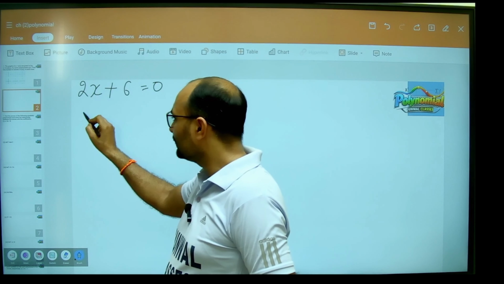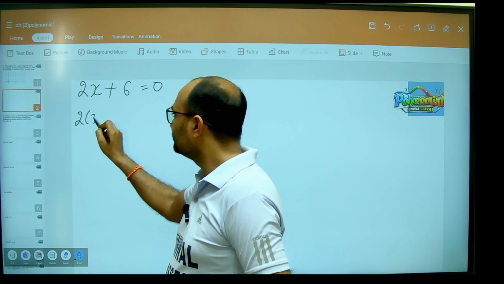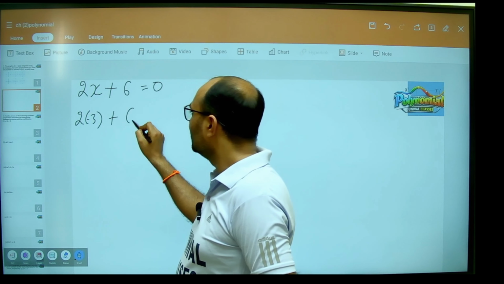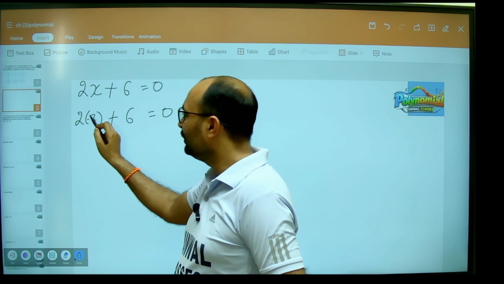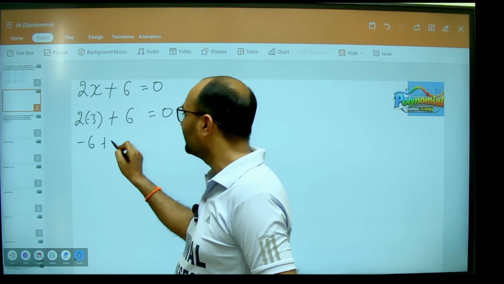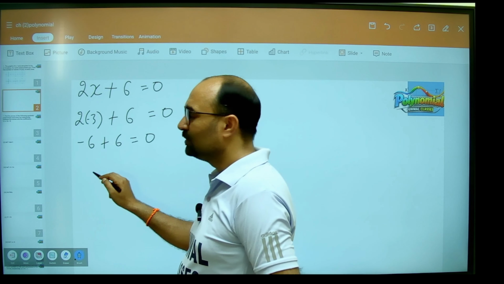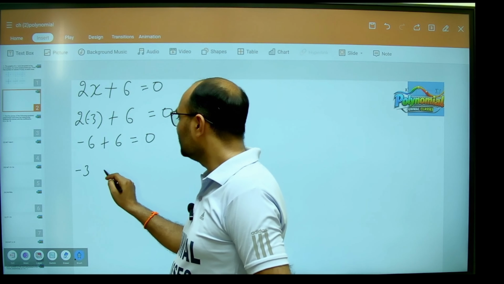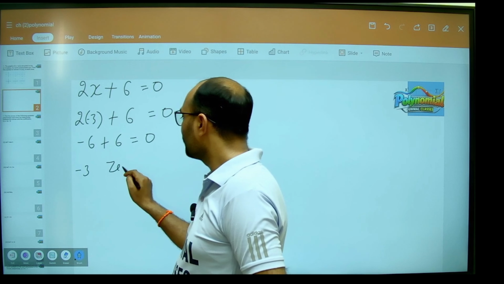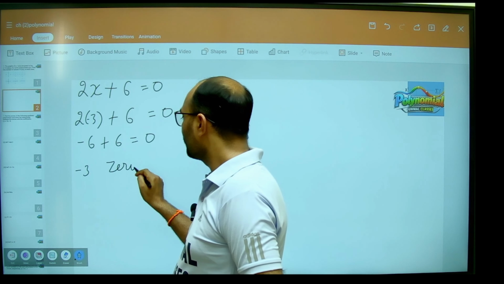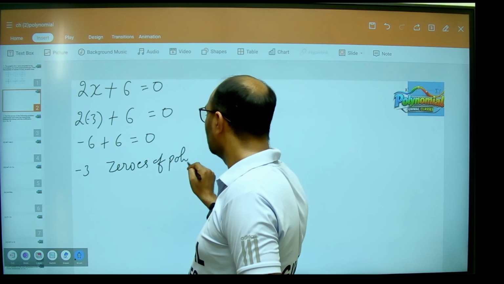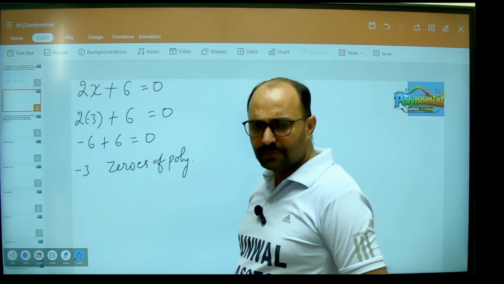If I substitute minus 3 here, then this will become 0. 3 times 2 is 6, minus 6 plus 6. This is equal to 0. So this minus 3 is known as zero of the polynomial.